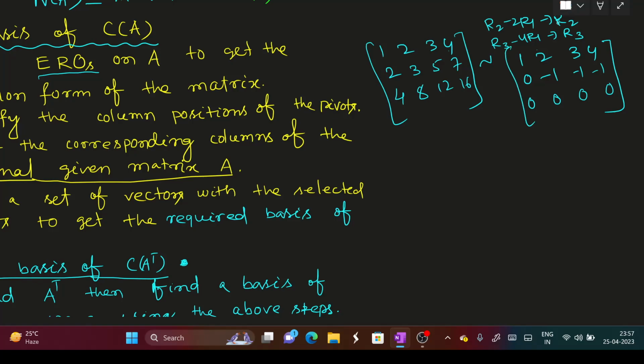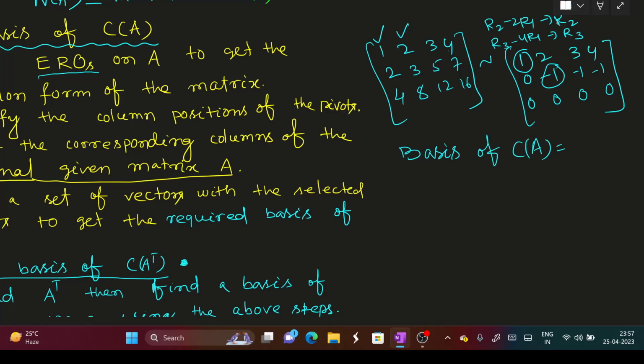Now in the echelon form, how many pivots are there? This is a pivot and this is a pivot. So what are the pivot columns? The first column and the second column are the pivot columns. That means I will write this and this. So what is the basis of C of A, the column space of A?